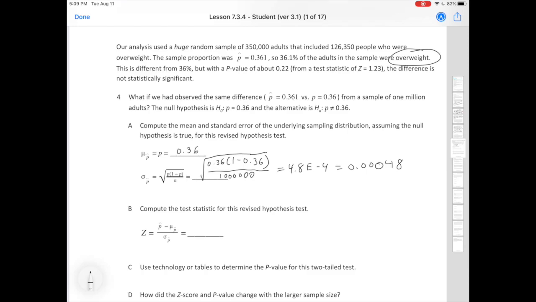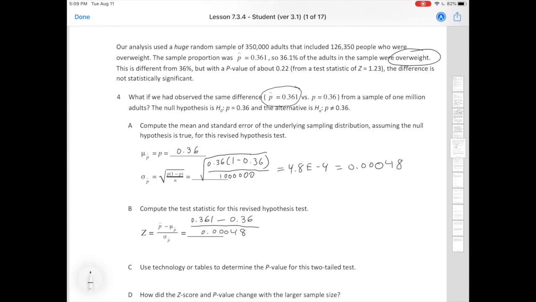Now we need to find the test statistic for the revised hypothesis test. So p hat, remember the problem is asking us to assume that p hat is 0.361, minus the p, which is 0.36, and we're dividing that by 0.00048.